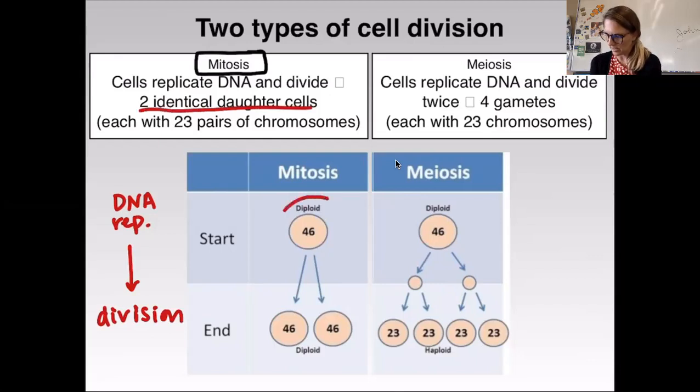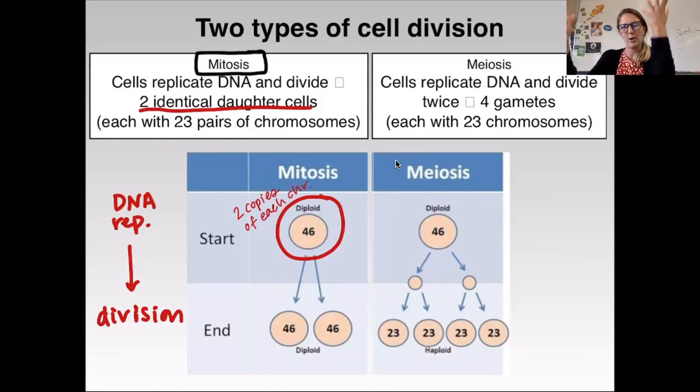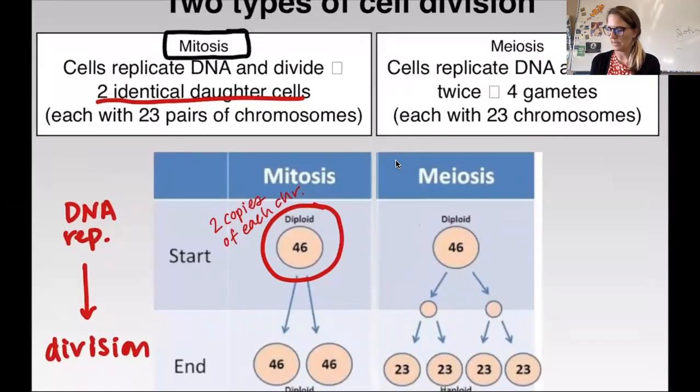So notice this here is a diploid cell. That means you have 2 copies of each chromosome, one from mom and one from dad, one copy of every chromosome from mom's egg, one copy of every chromosome from dad's sperm. They came together to create this diploid cell, which created all the cells in our body through mitosis. So diploid, 2 copies of each chromosome.